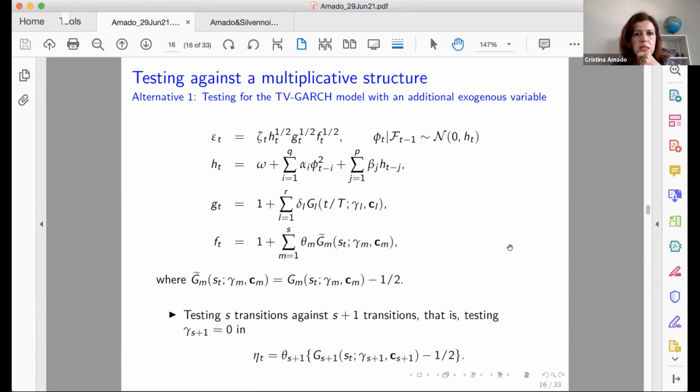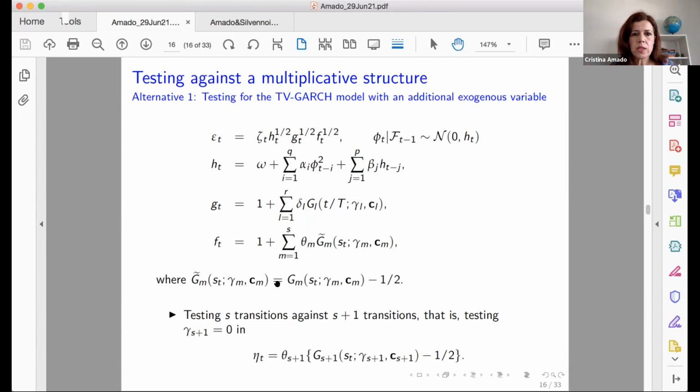So the test is, so we could think, just by looking at the first alternative, of testing for a TV gauge against an additional exogenous variable.